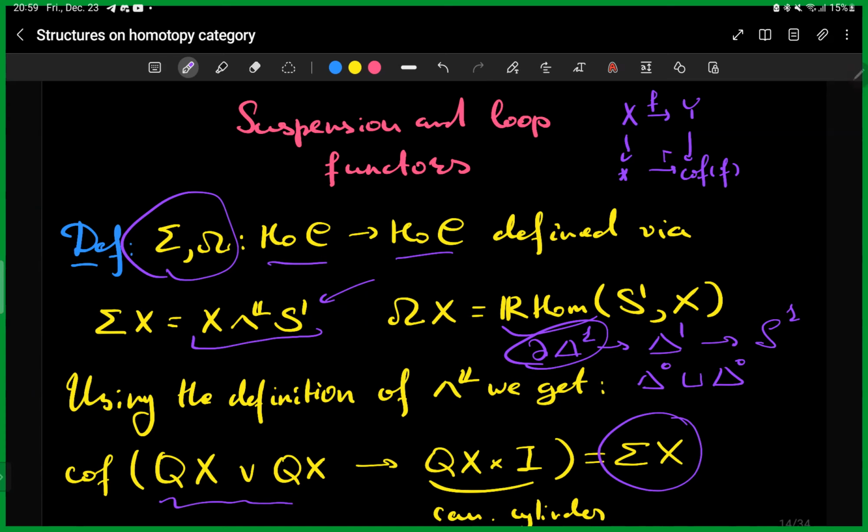But it can be seen that the smash with delta 1 always produces the canonical cylinder.